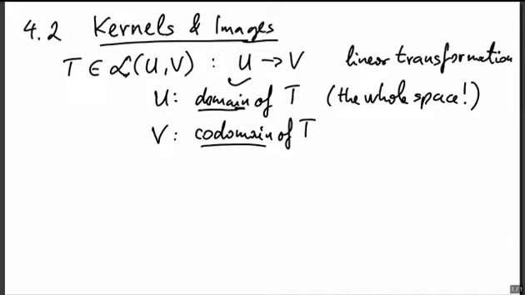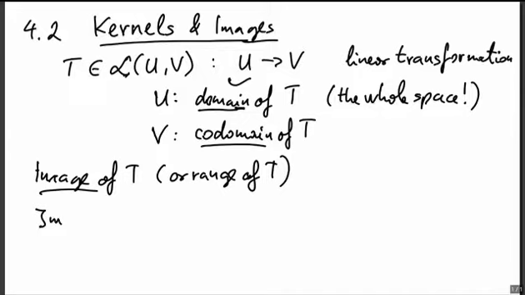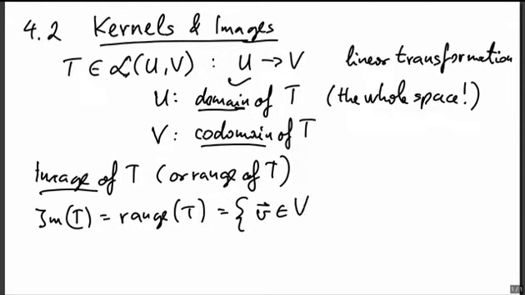T can be into or onto. The image of T, also called the range of T, denoted by im of T, is the set of all vectors v from the vector space V such that there exists a vector u in U for which the value of T at u is exactly v.